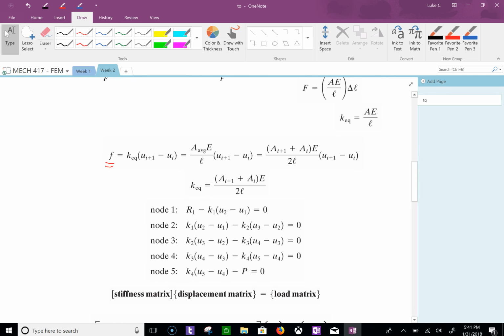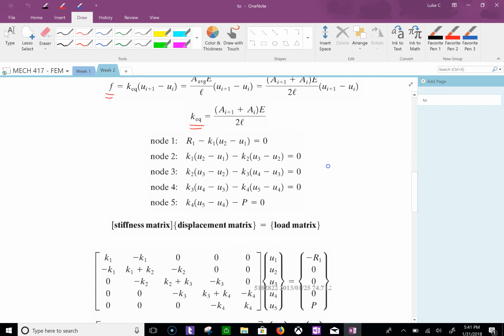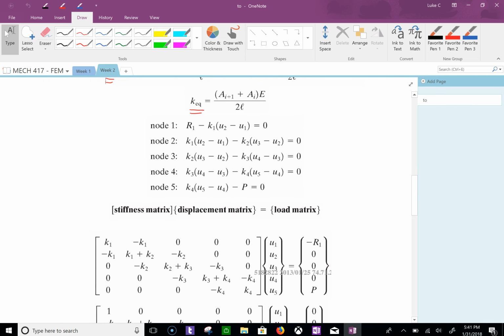And so now we can find equivalent Ks. So you can find K1, K2, K3, and K4. Oh, sorry, there's no K5. And at each node, sum your forces. And now we can put this into matrix form, because it's easier to look at matrices to solve for these displacements.